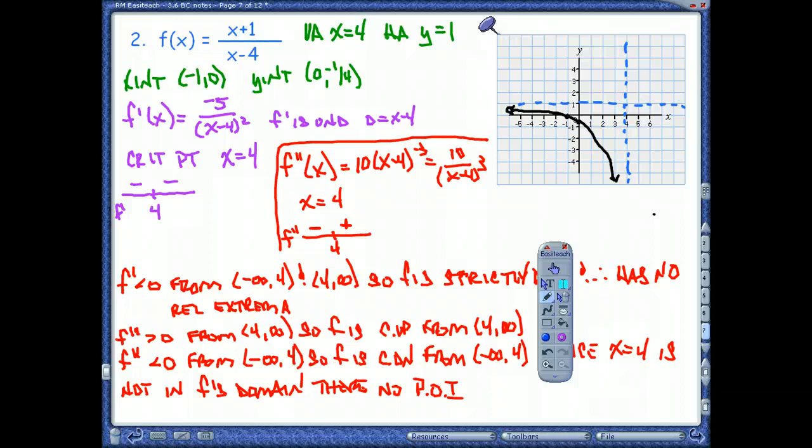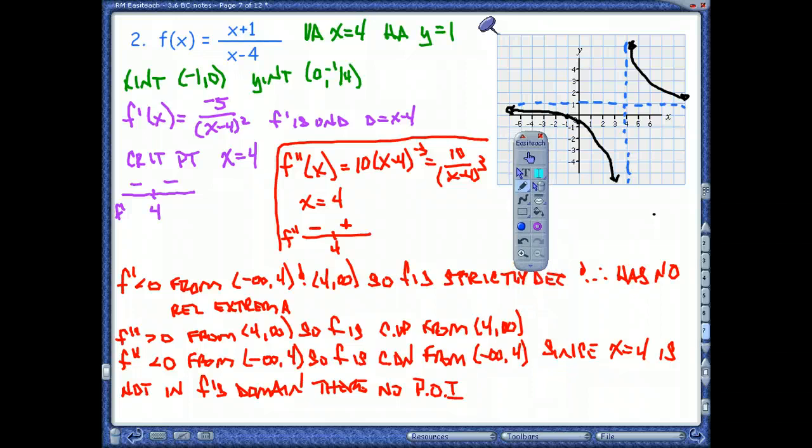My graph is decreasing, so it couldn't be down below the axis coming up because that would be increasing. So I know already that my graph has to be up here because that's the only way it can be decreasing on the left side of 4 and decreasing on the right side of 4.